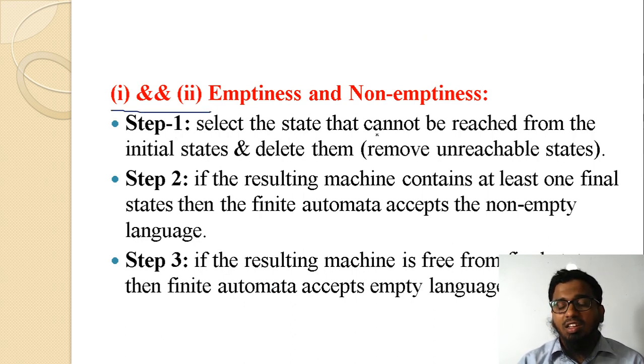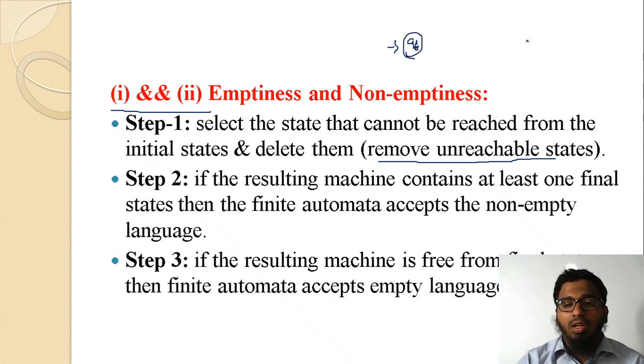Step 1, select the states that cannot be reached from the initial state and delete them, that is, remove unreachable states. If any state cannot be reached from the initial state q0, delete it.